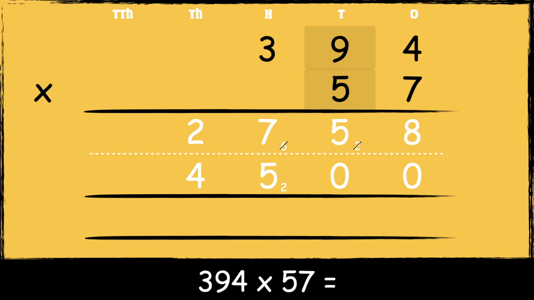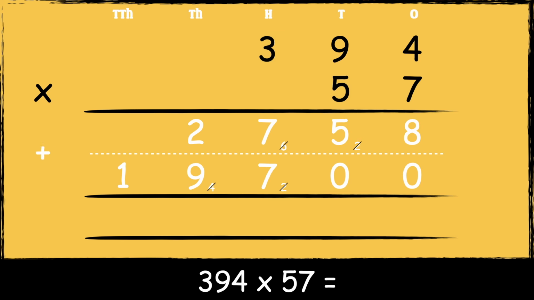We need to add the two hundreds below, so 45 add 2 is 47. We carry the 4 below in the thousands column, as it represents 4 thousands. Next, we multiply 5 tens by 3 hundreds. 5 times 3 is 15. We need to add the 4 thousands below, so 15 add 4 is 19.